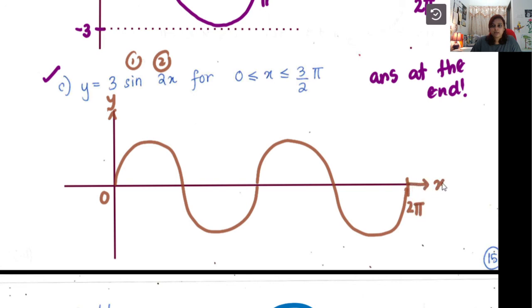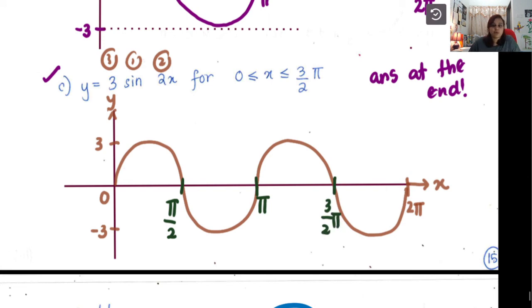Then third step, draw the height, the amplitude, 3 and -3. And this one is 3 over 2 pi. So this is 2 pi, half here, pi. So this should be pi over 2 and this should be 3 over 2 pi.